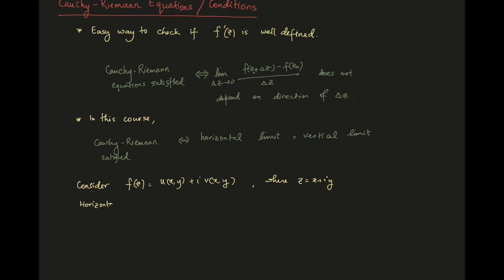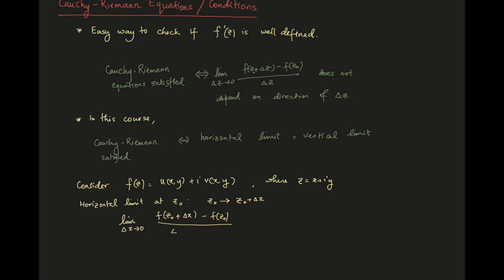Let's first evaluate the horizontal limit of the derivative at a point z0. So this is defined as the limit as delta x goes to 0. Notice that z0 goes to z0 plus delta x because we are only looking at the horizontal limit.